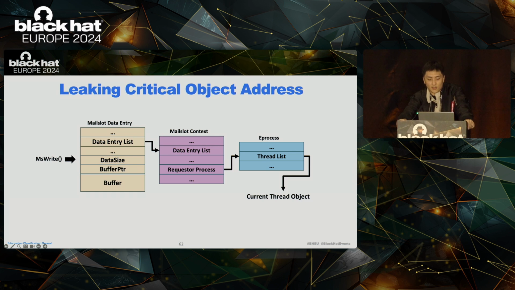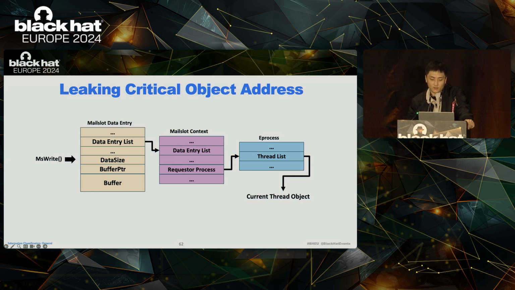The mail slot data entry can also be used to obtain critical object addresses necessary for completing the exploit. Among them, the thread object is a very important object in Windows kernel exploit, and the address of the current thread can be obtained through this primitive. To create this primitive, we need the arbitrary read primitive mentioned earlier.